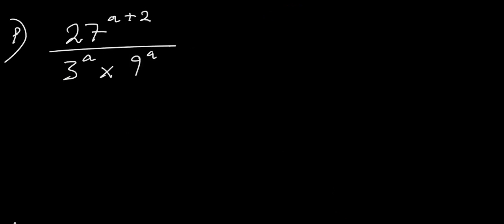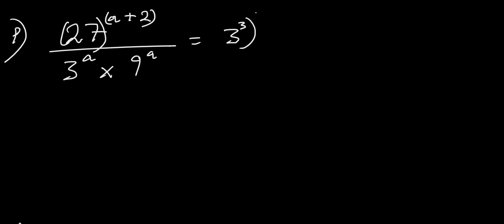So question P, we have 27 exponent a plus 2 over 3 exponent a times 9 exponent a. So now let's put this in parentheses and change 27 to 3 exponent 3.